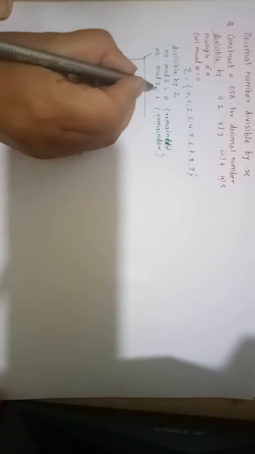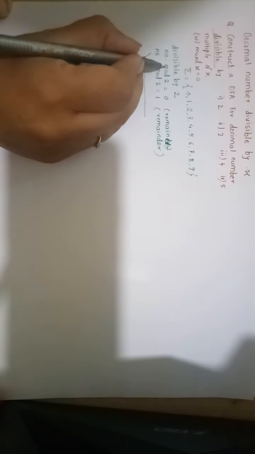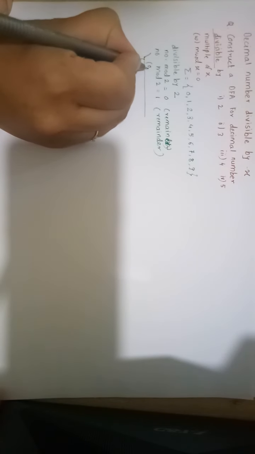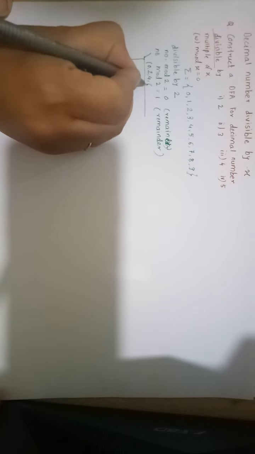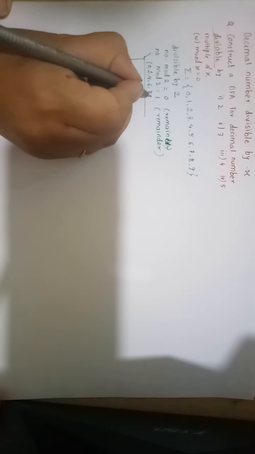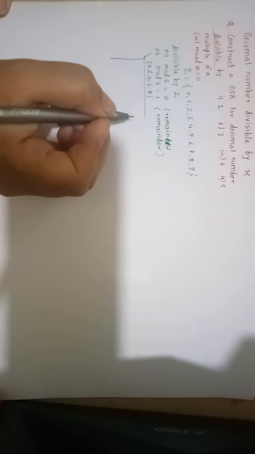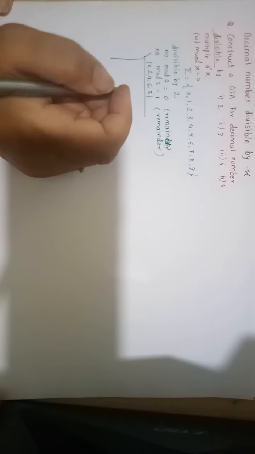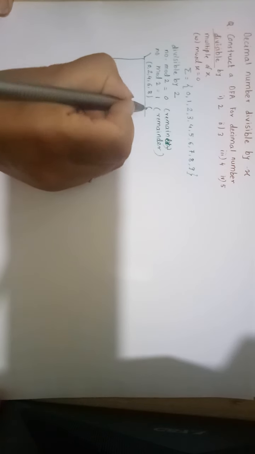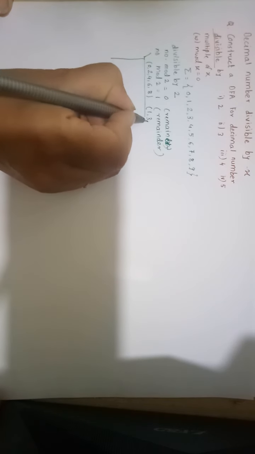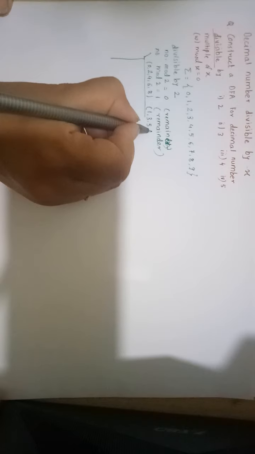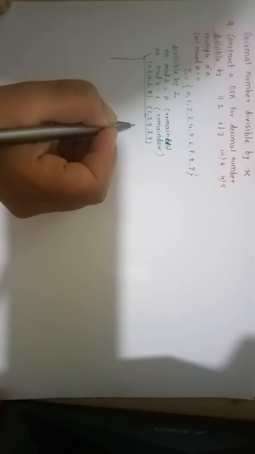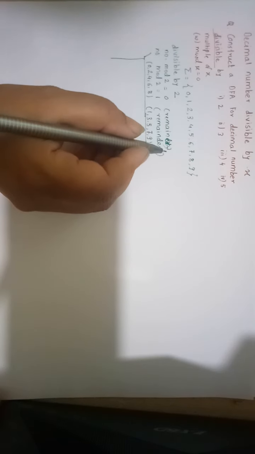First, number mod 2 is equal to 0: here 0, 2, 4, 6, 8 are the numbers whose remainder is 0. Next, the numbers 1, 3, 5, 7, 9 are the numbers whose remainder is 1.